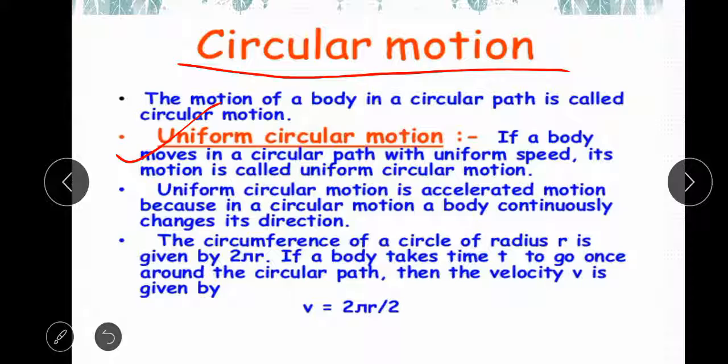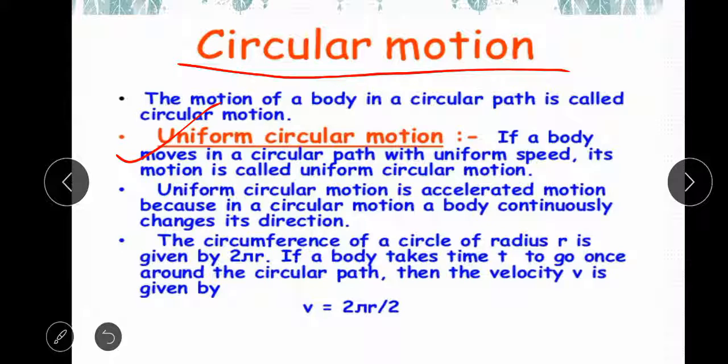Uniform circular motion is accelerated motion because in a circular motion a body continuously changes its direction. Keep it in mind, in uniform circular motion speed is constant but velocity and acceleration vary continuously with time, because velocity and acceleration are vector quantities and vector quantities depend on direction.